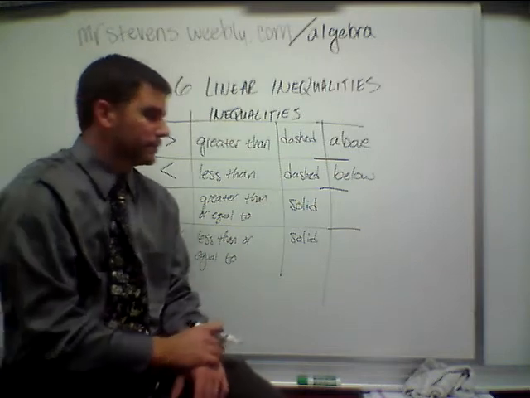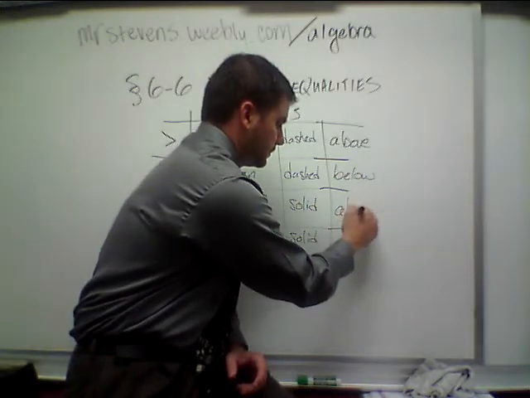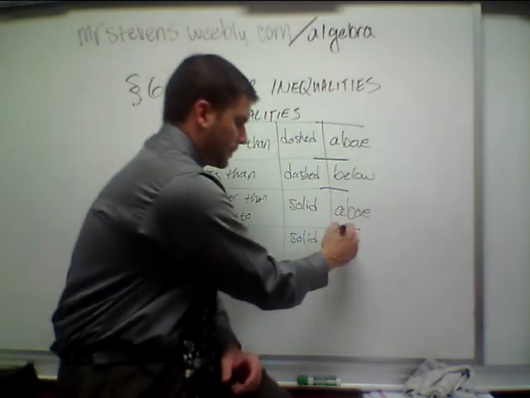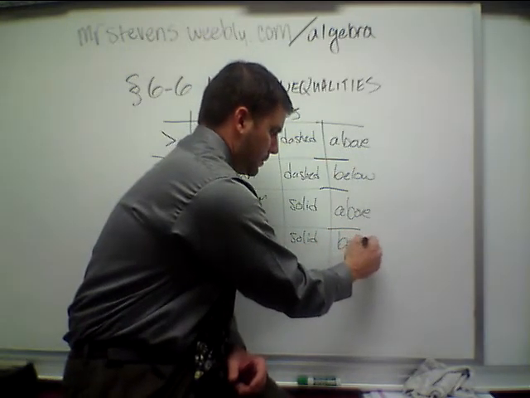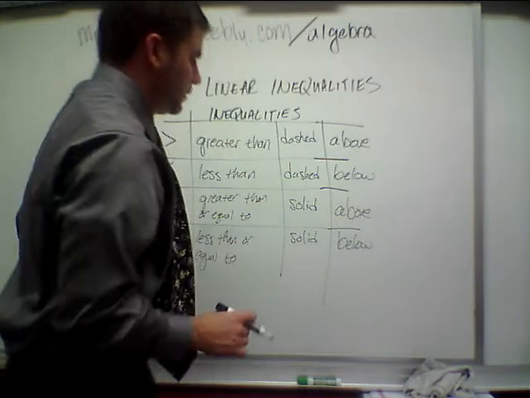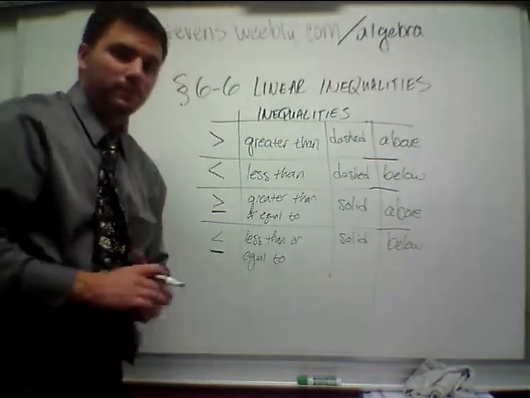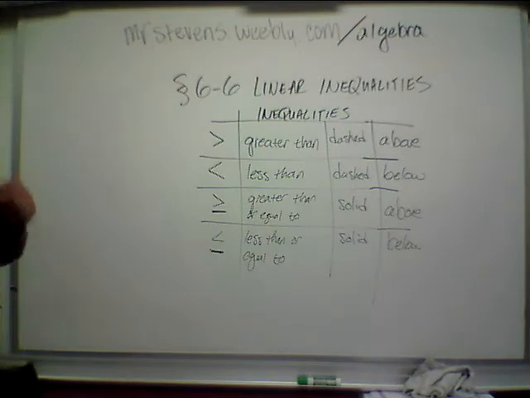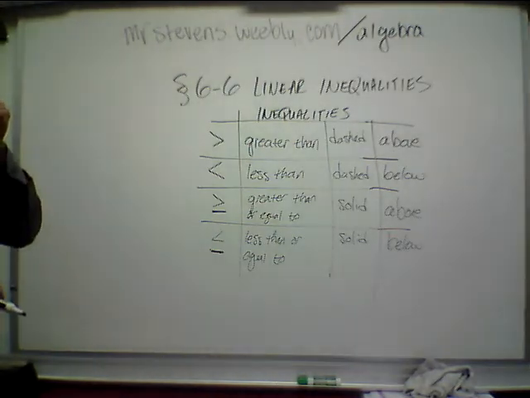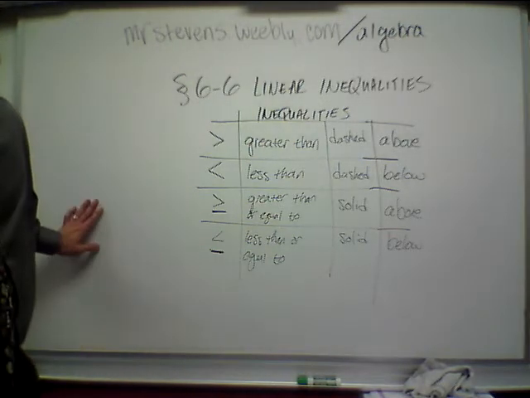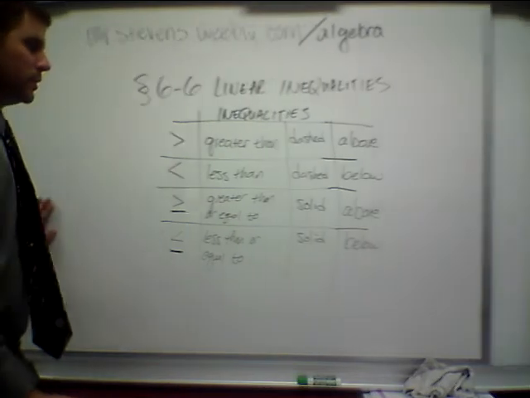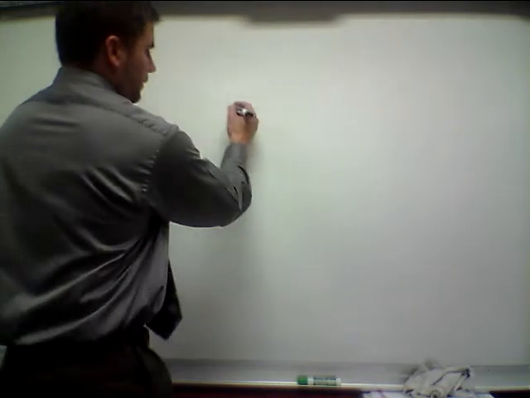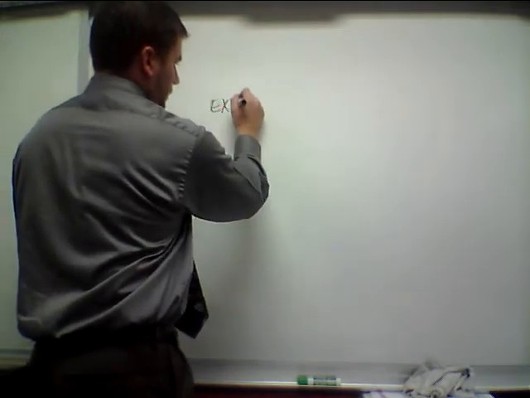Greater than or equal to, above. Less than or equal to, below. This should be in your notes as a table for when we get into the lesson. So now getting into examples of those types of problems.